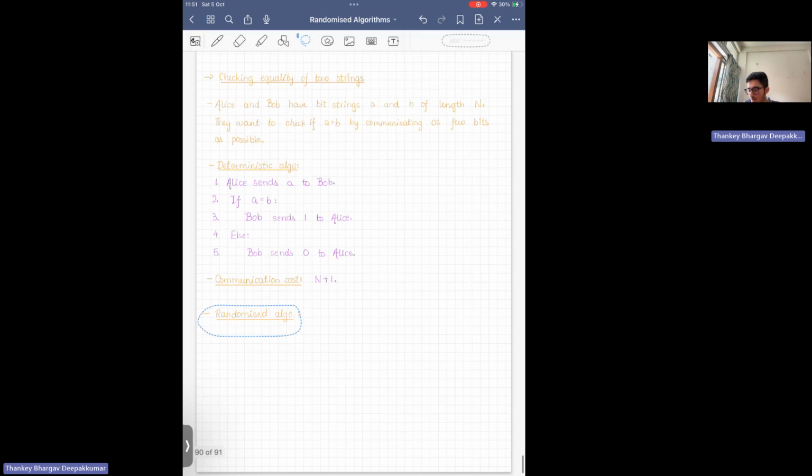So we want to design an algebraic randomized algorithm, and we saw a strategy to design such an algorithm when we were looking at the polynomial identity testing problem, right? What was the strategy? You would create two polynomials, let me call them a tilde and b tilde.